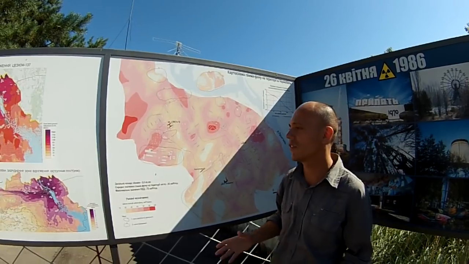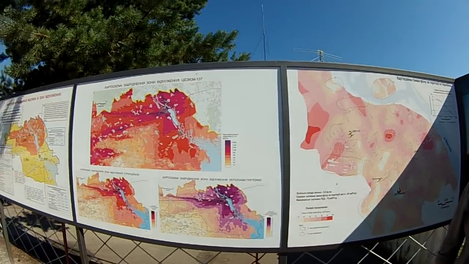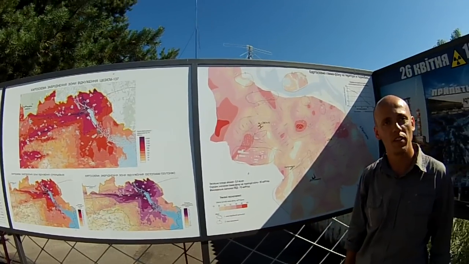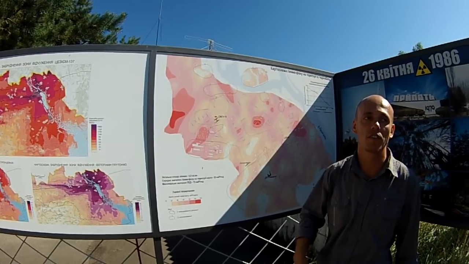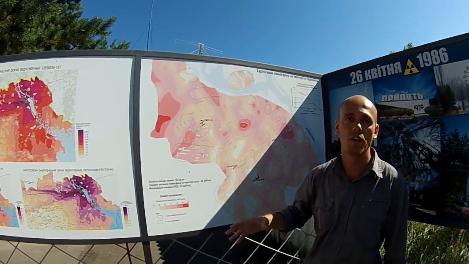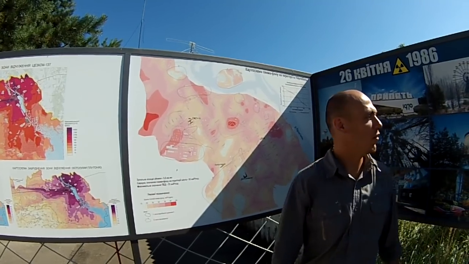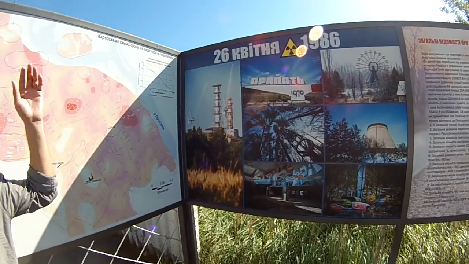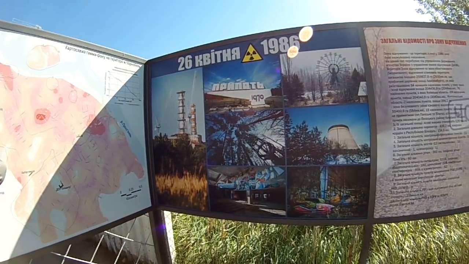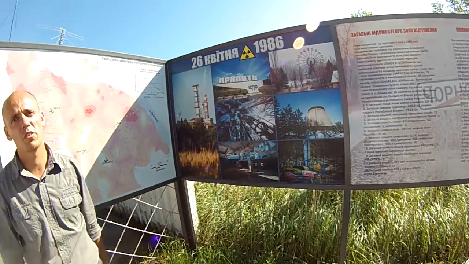But the villages very close to Chernobyl in the 30-kilometer zone knew that they would come back. The government said that you'll come back in 2 weeks, but they came back after 1.5 years. Here we can see photos of the zone and also of Pripyat and Chernobyl Nuclear Power Plant. We'll see this today. And here is some common information about the Chernobyl explosion zone.